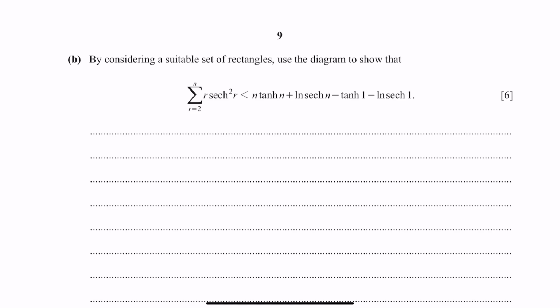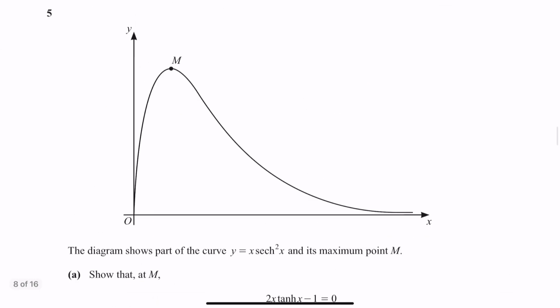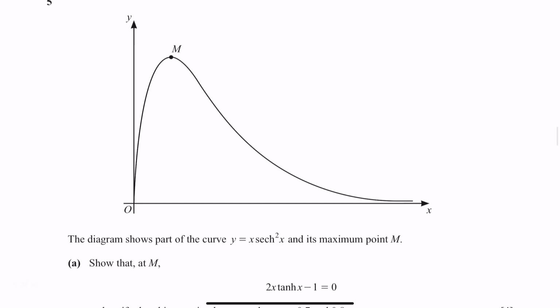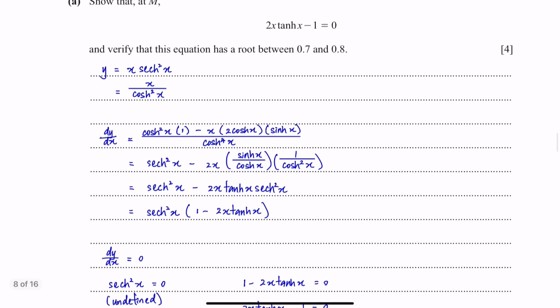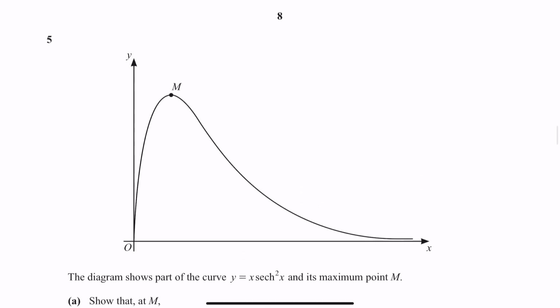For part B, we need to consider a set of rectangles to show this inequality. So we can see that they want the r to start from 2 and to end with n. So the rectangles, okay, from part A, we know that m is around 0.7 or 0.8, right?